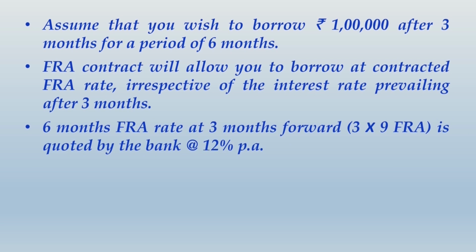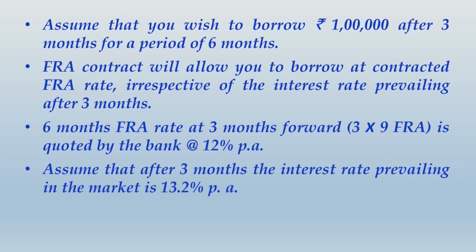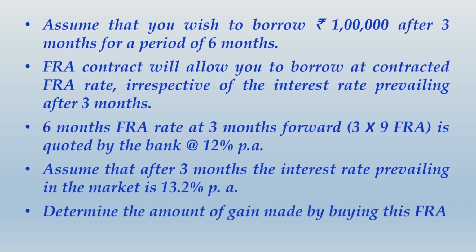So understand, it is 6-month FRA rate at 3 month forward. That means you would want to borrow after 3 months for a period of 6 months. So we generally call it as 3/9 FRA, is quoted by bank at 12% per annum. Assume that after 3 months the interest rate prevailing in the market is 13.2%. Determine the amount of gain made by buying this FRA.